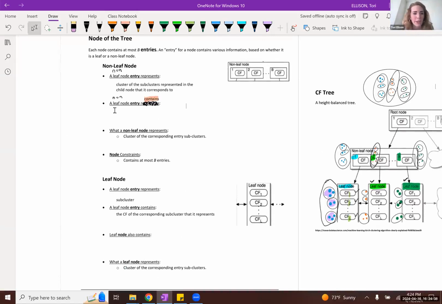So the non-leaf node entry not only contains the CF of the corresponding cluster that it represents, but it also contains the index of the child node that it corresponds to.